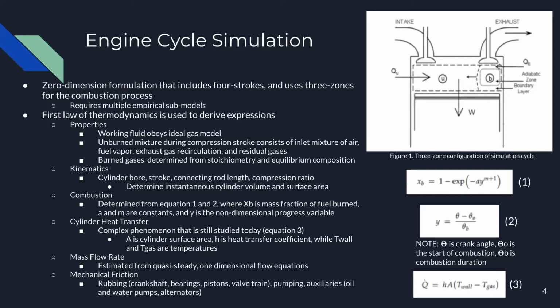Heat transfer is found using equation 3, where A is the cylinder surface area, H is your heat transfer coefficient, and T is the temperature values in the engine. Mass flow rate is determined from one-dimensional flow, and mechanical friction is from rubbing, whether that is on the crankshaft, the bearings, pistons, or the valve train, and from pumping, auxiliaries such as the oil and water pumps or the alternators.